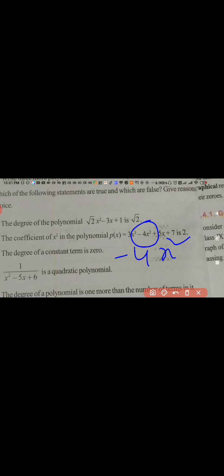X square is the variable, and the multiple is minus 4. So minus 4 is the coefficient, but here given is 2. So it is a wrong answer. What is the correct answer? Minus 4.